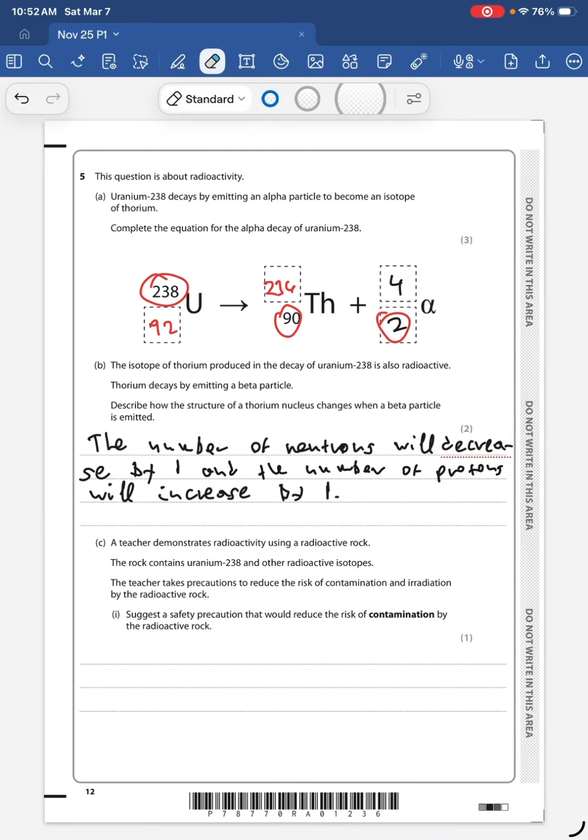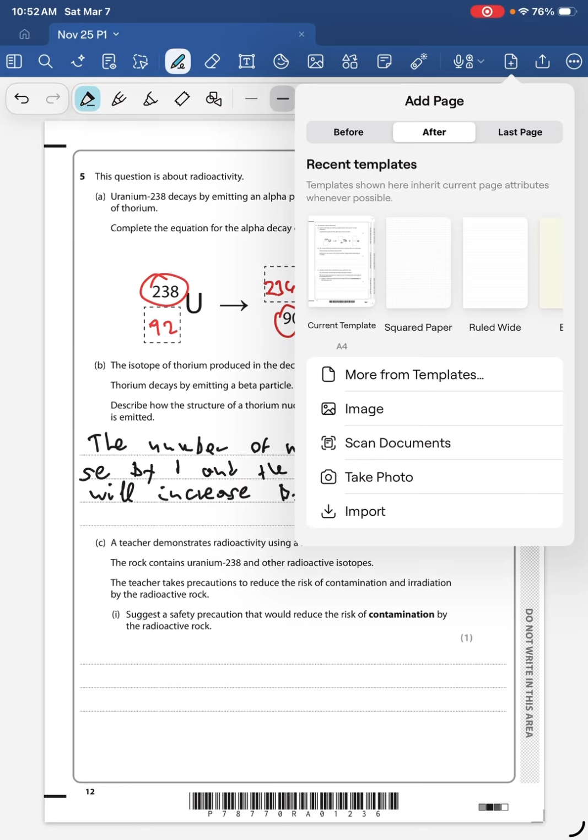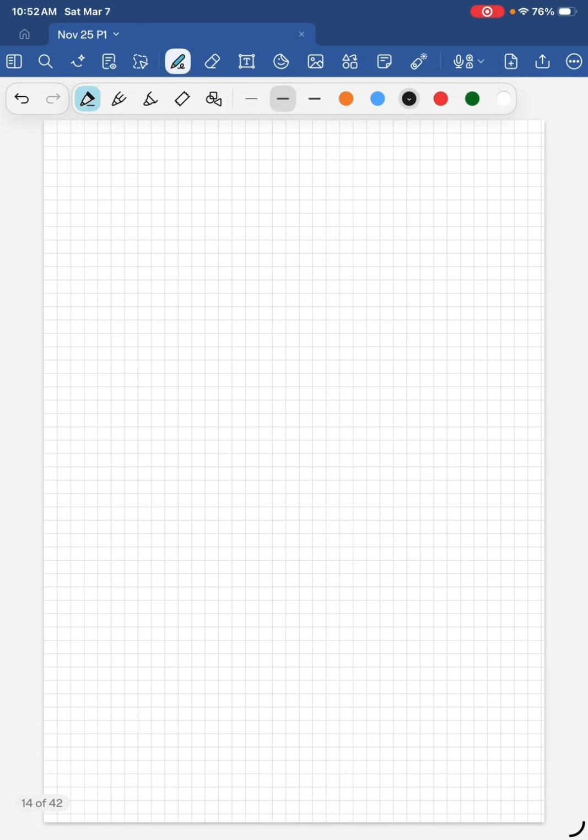But anyway, as a bonus extra, you don't need to know this, but the actual reaction is you start with thorium-234 with 90 protons, and this decays to protactinium-234 with 91 protons, plus a beta particle which has a charge of -1 and 0 mass number, plus a neutrino.